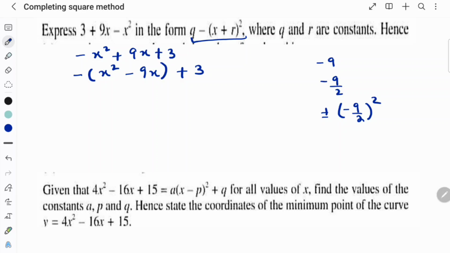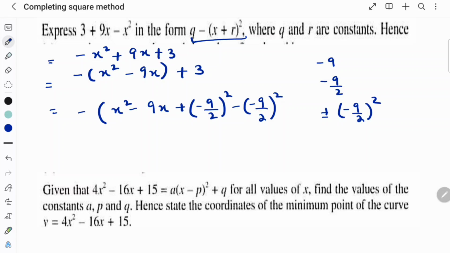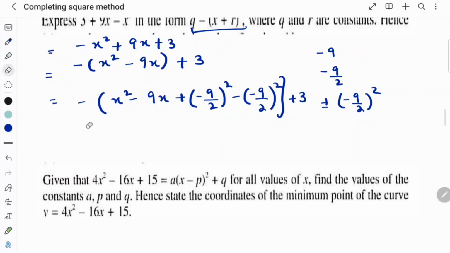It's a different type of question. So −(x² − 9x + (−9/2)² − (−9/2)²) and then close the bracket and write down +3 here.